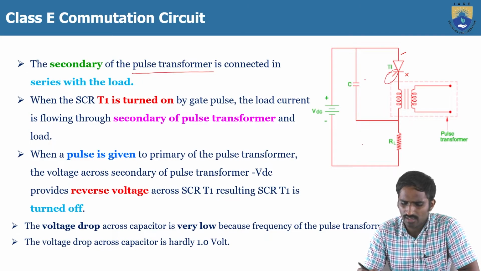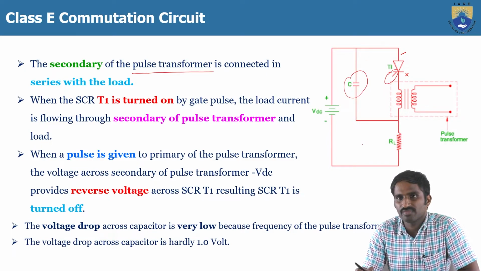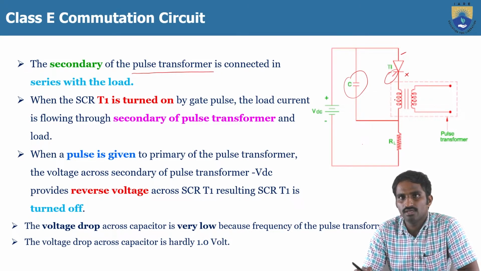Here, of course, we are connecting the capacitor across the series combination of the thyristor and the secondary of the pulse transformer. But anyway, the voltage drop across this capacitor is very low because the frequency of the pulse transformer is very high.